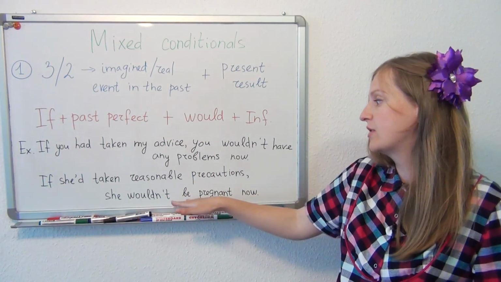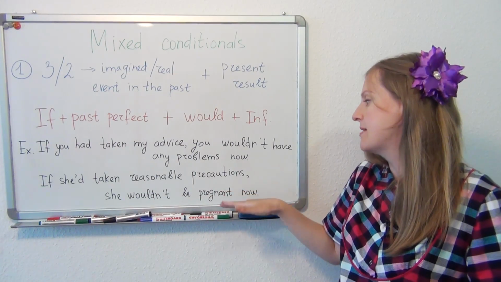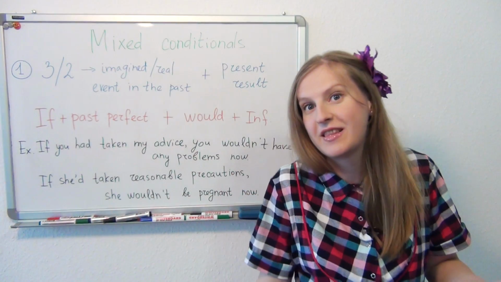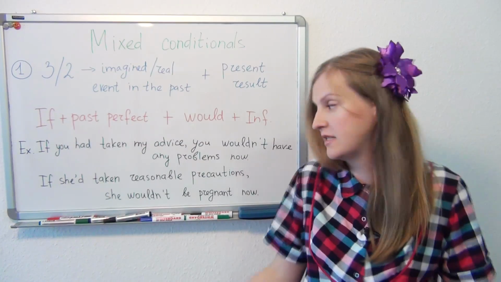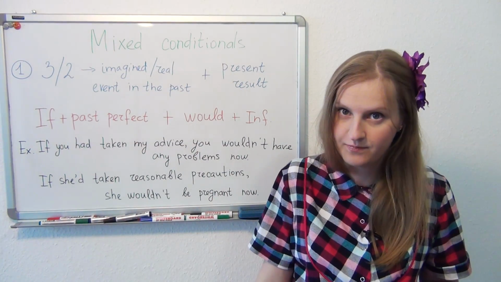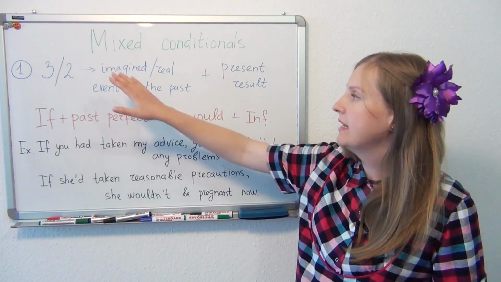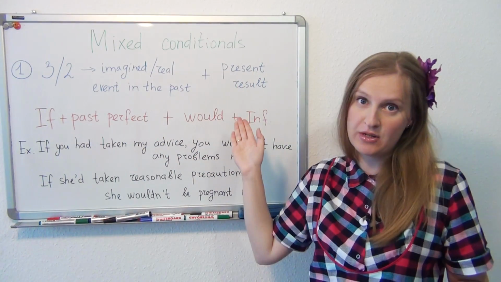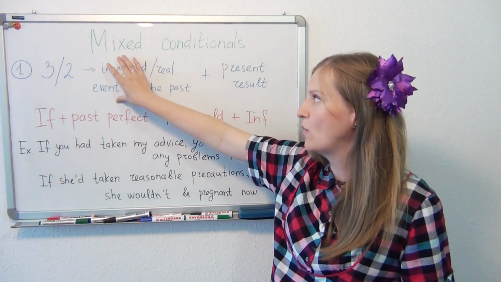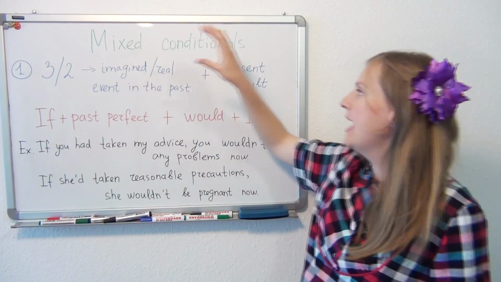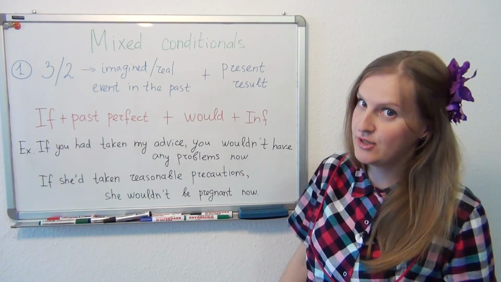And we have a present result, she wouldn't be pregnant now. Well, the result is actually that she's pregnant now. This is just a negative form. So we combine an event in the past and a present result. That's why here we have conditional number 3 and here we have conditional number 2.